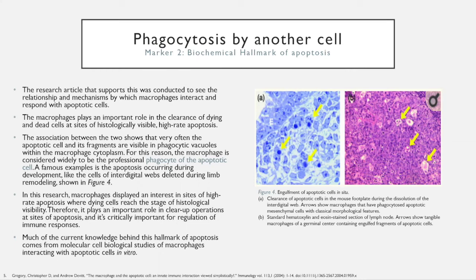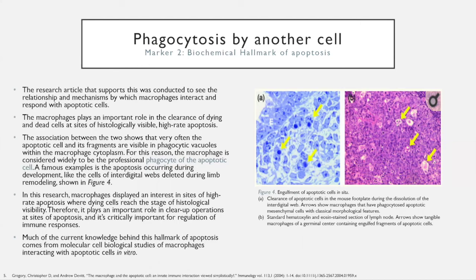The macrophages play an important role in the clearance of dying and dead cells at sites of histologically visible high-rate apoptosis. The association between the two shows that very often the apoptotic cells and their fragments are visible in phagocytic vacuoles within the macrophage cytoplasm.